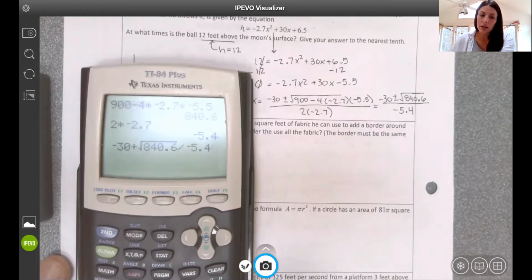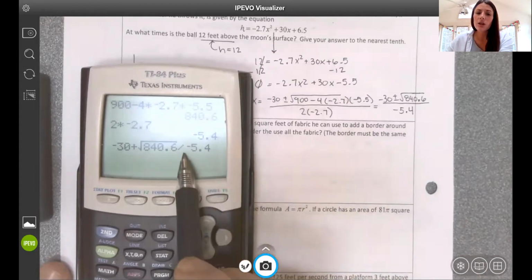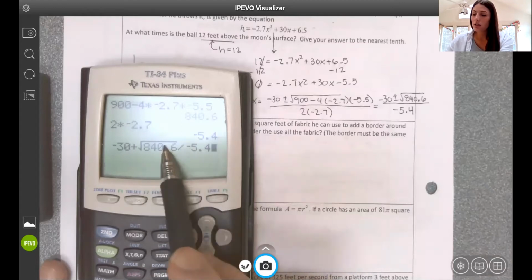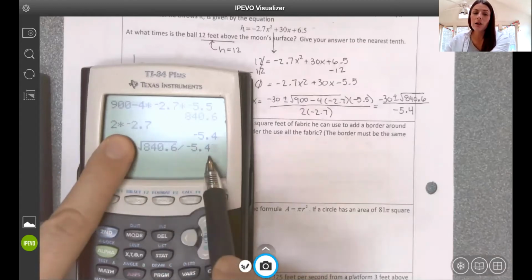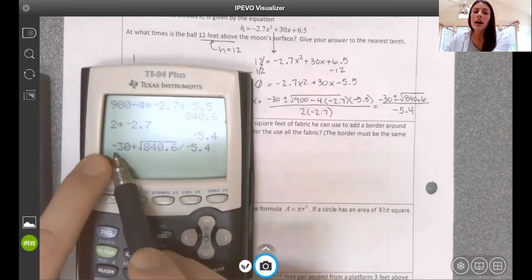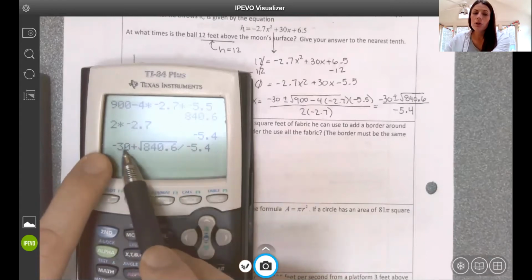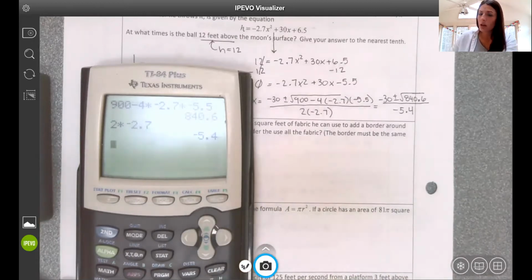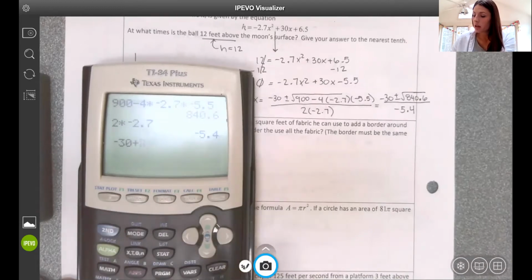If that's how I typed it in, it's not going to give me the correct answer because the calculator is going to do order of operations here. So it's going to divide first. It's going to divide this radical by negative 5.4, and then it will add negative 30 in. Okay, so we don't want to type everything in at once. What I do is I type in the numerator, so negative 30 plus the square root of 840.6, and I hit enter.